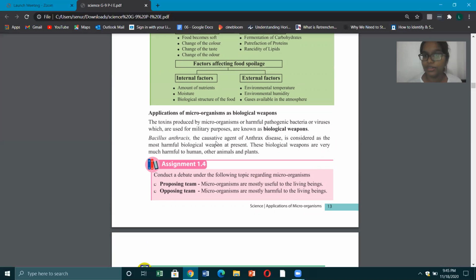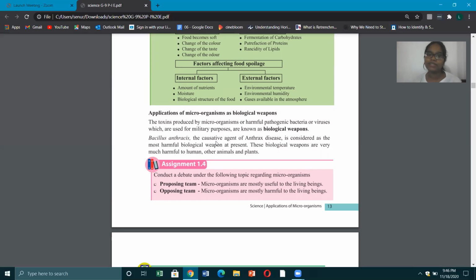So they have been used to make weapons for military purposes.